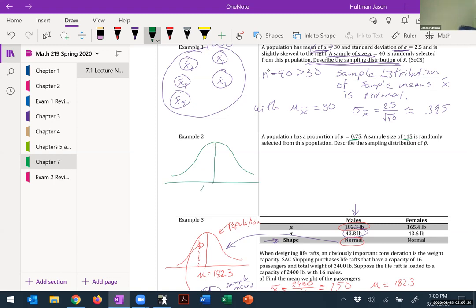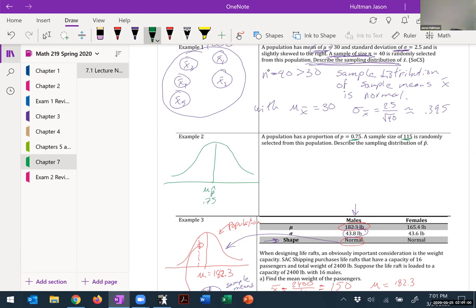Well, what's mu of P hat? Isn't that the same thing as P? Isn't that going to be my 0.75? So this is mu of P hat, which is the same as my population proportion, 0.75. That's my middle, that's my mean.